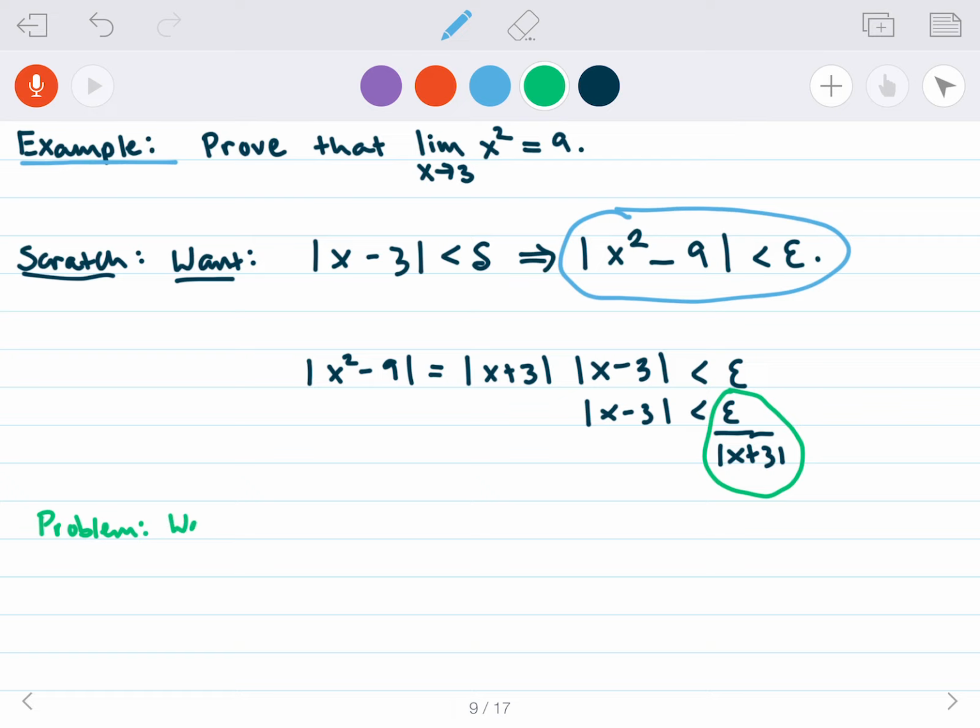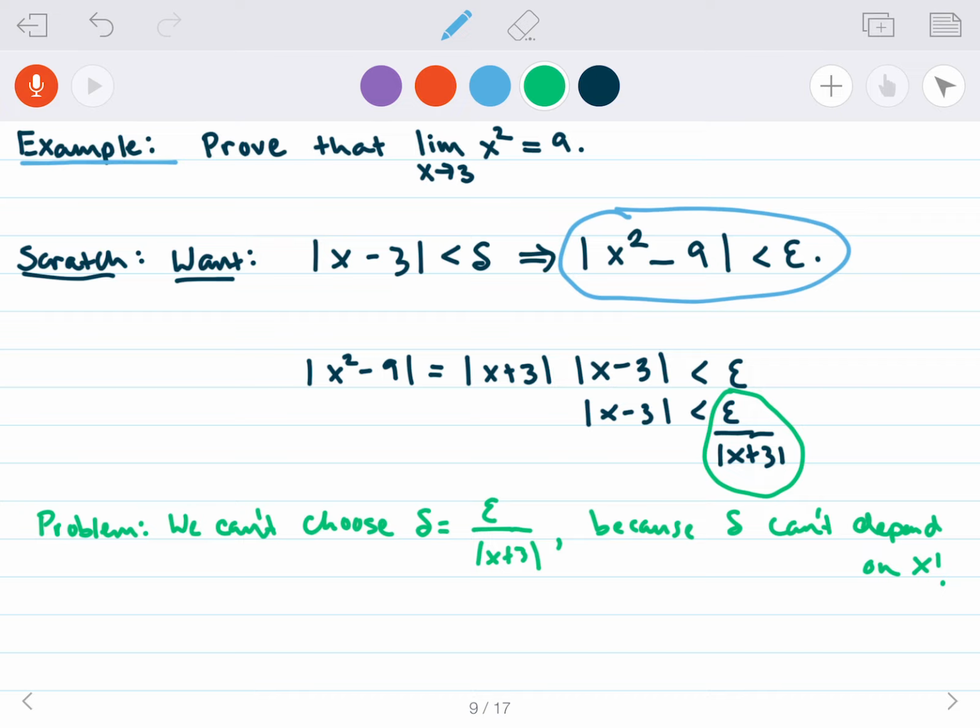We can't choose delta equal epsilon over x plus 3 because delta can't depend on x. It can only depend on epsilon. So what are we going to do? Okay, so here's the little trick here. Let's see. So here's the trick.